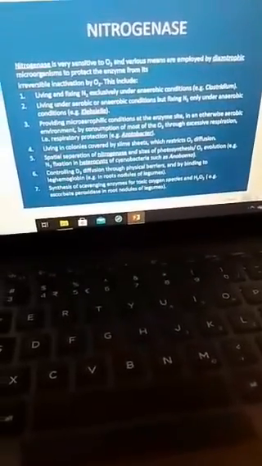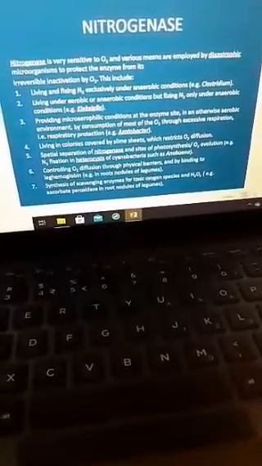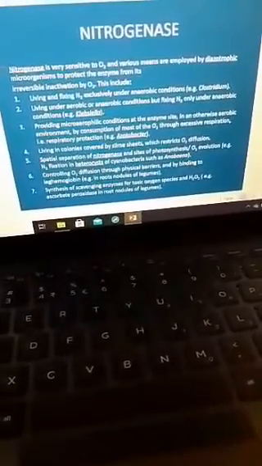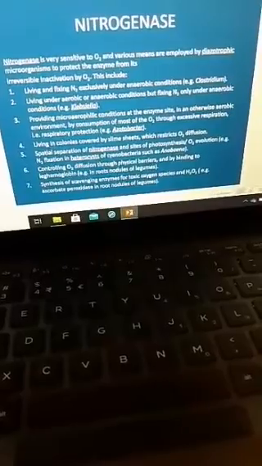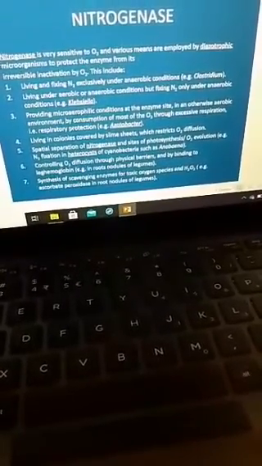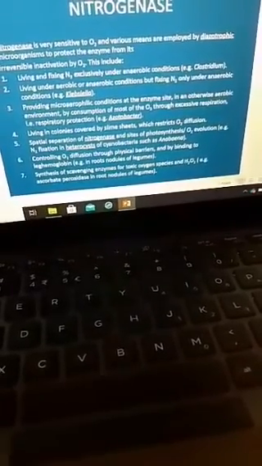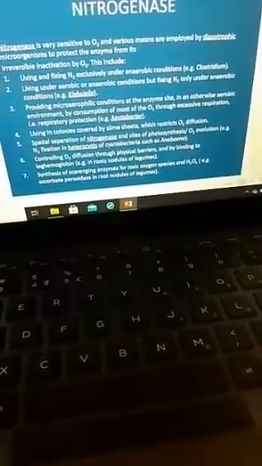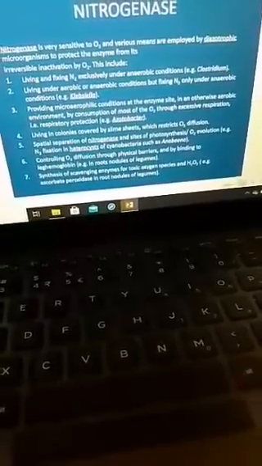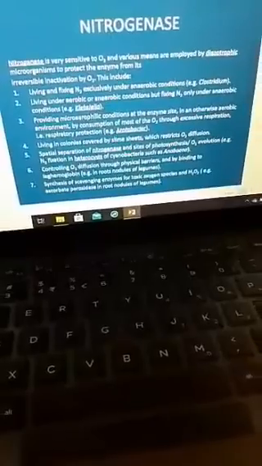They are tabulated there, 7 of them on this slide. Go through these mechanisms employed by microorganisms to protect the nitrogenase enzyme from being inactivated by oxygen.